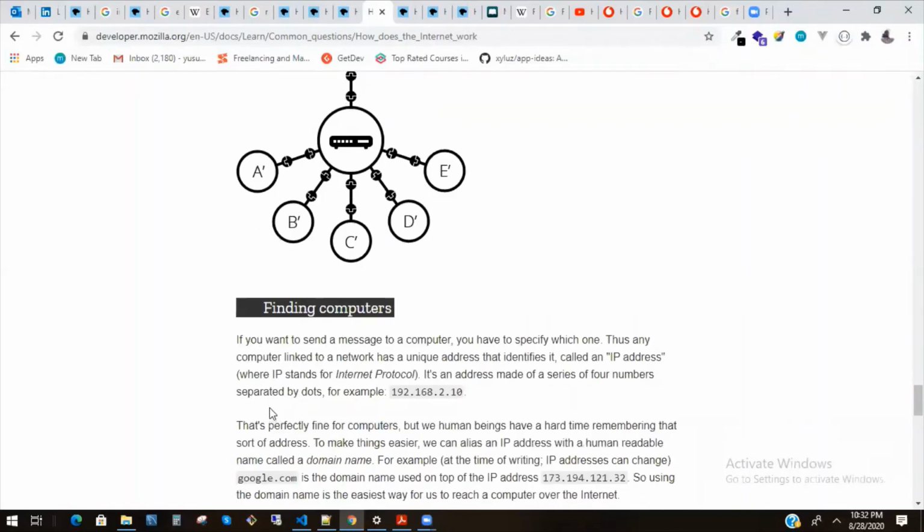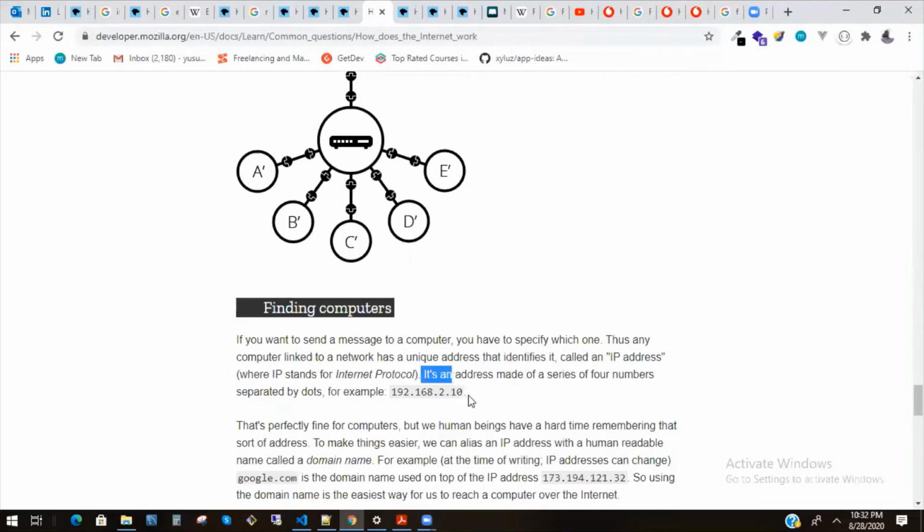Don't forget, if you want to know how they locate each computer: if you send a message to a computer on the internet, you have to specify which one. So there is a unique address that represents each computer onboarded on the internet. This IP address is provided by the internet service provider.